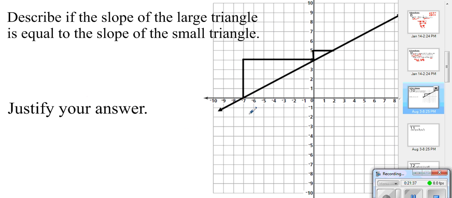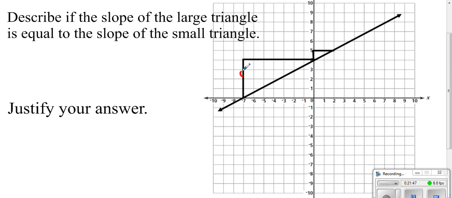So for you to do this one, you have to describe the slope of the larger triangle. And so you're just counting 1, 2, 3, 4. So this is 4. And this is 1, 2, 3, 4, 5, 6, 7. So the rise of the larger one, rise over run, is 4 over 7.